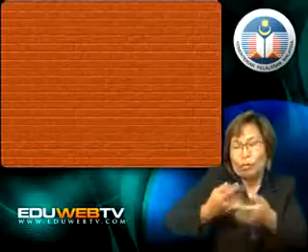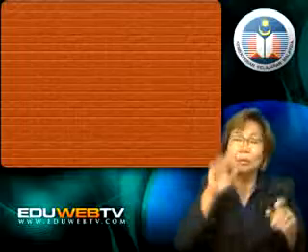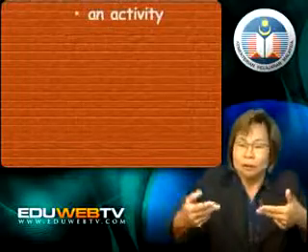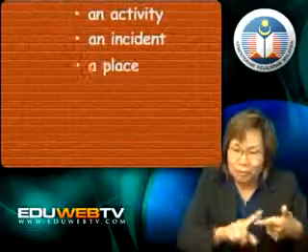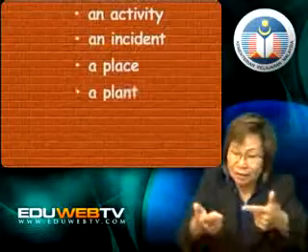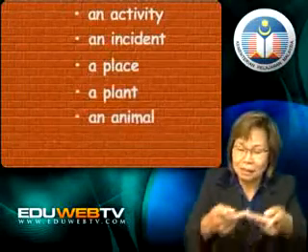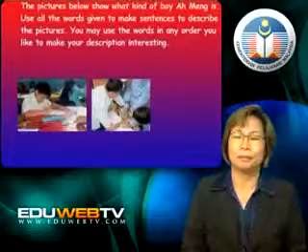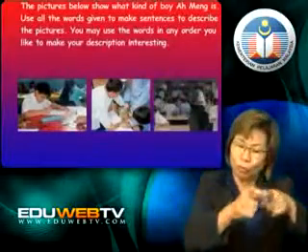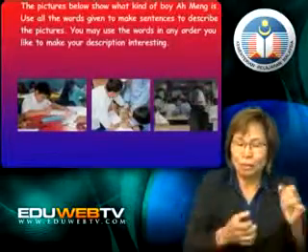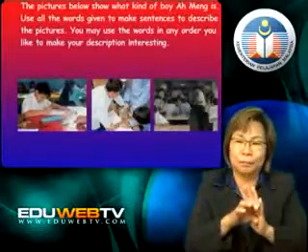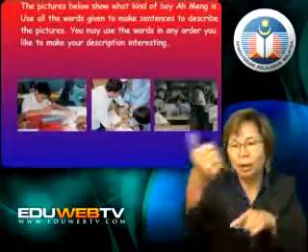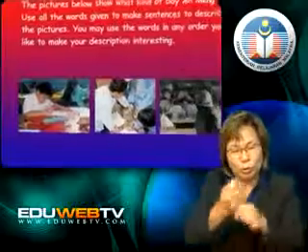The pictures in this section can relate to an activity, an incident, a place, a plant, an animal, people, or other situations. Use all the words given to make sentences to describe the pictures. You may use the words in any order you like to make your description interesting.